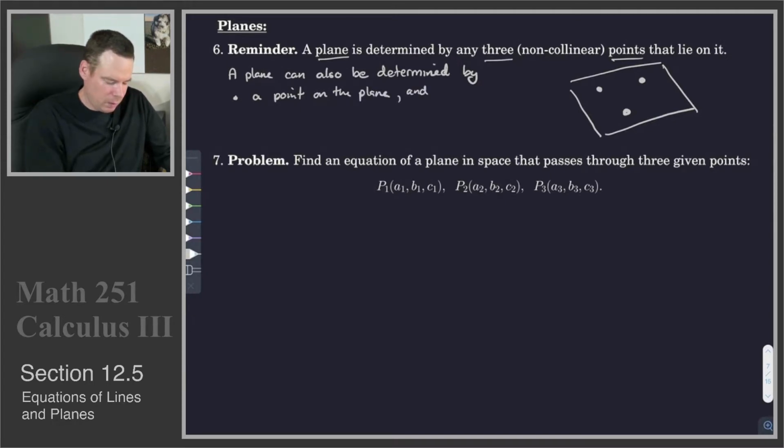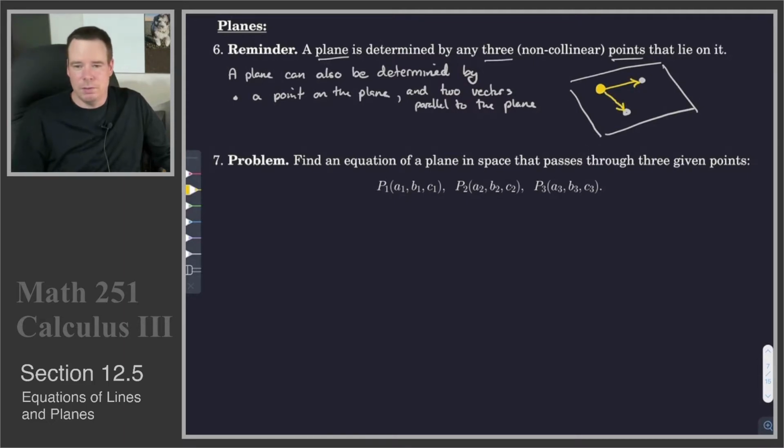And 2 vectors parallel to the plane. So if we have a point and we have 2 vectors that are parallel to the plane, we also say 2 vectors that lie in the plane, then that's enough to determine the plane as well.